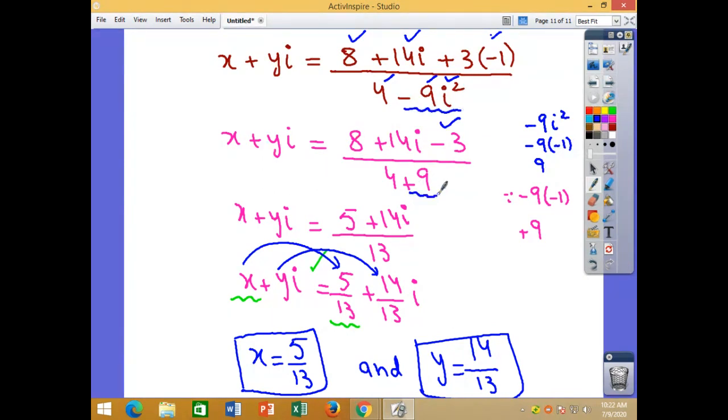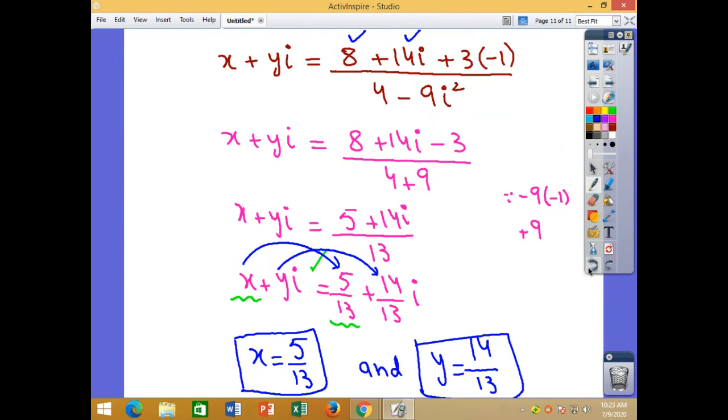Now, when we subtract 3 from 8, we get 5, and 14 iota as it is, we write here. What is 4 plus 9? It becomes 13. After dividing 13 into both the real and imaginary parts, we get 5 by 13 and 14 by 13. We equate the real part with the real part and the imaginary part with the imaginary part. Clear? Okay.